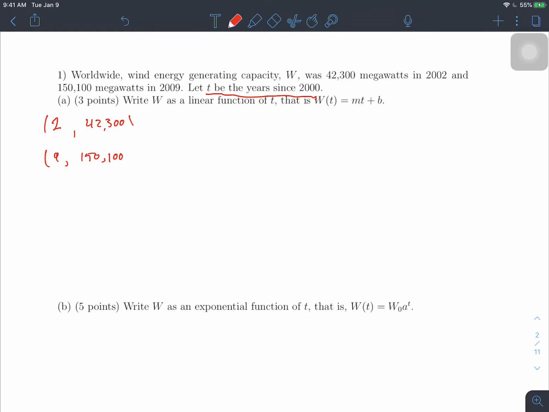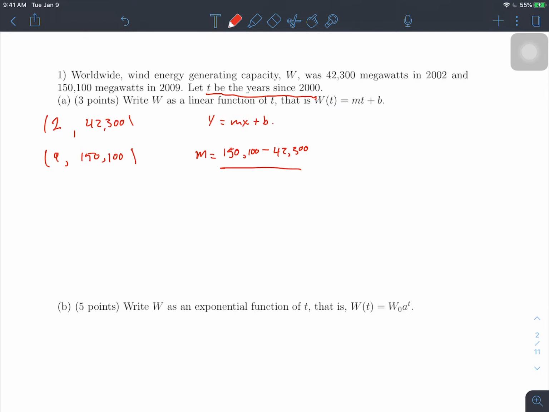Okay, so I got my calculator here. I want to find y equals mx plus b. So first thing I want to do is compute the slope. I know m is going to be equal to 150,100 minus 42,300. That's y2 minus y1.